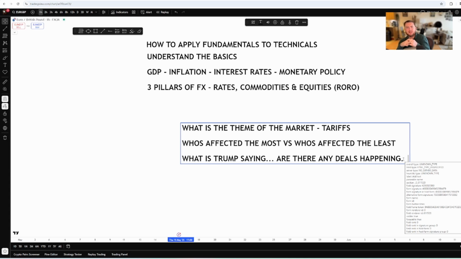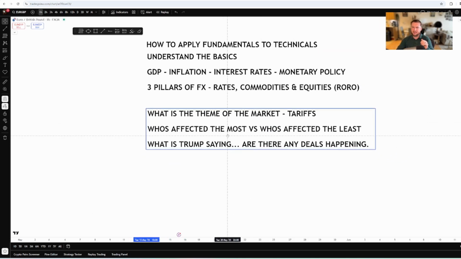If suddenly now Trump goes back on his word and says, actually, there is no deal happening with China, or it seems to be falling through, there's a bit of tension, then we go back to the period of, you want to be selling those who are affected the most versus those who are affected least. Those who are affected least would be the likes of the pound, because there have been deals happening there, and also when there wasn't a deal, the UK is not really a goods country anyway.